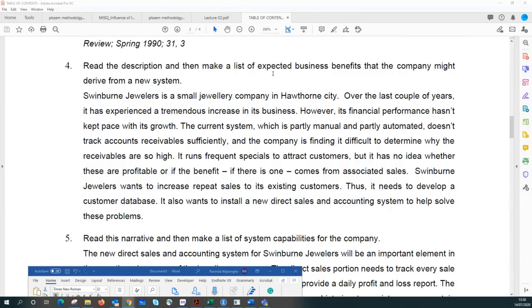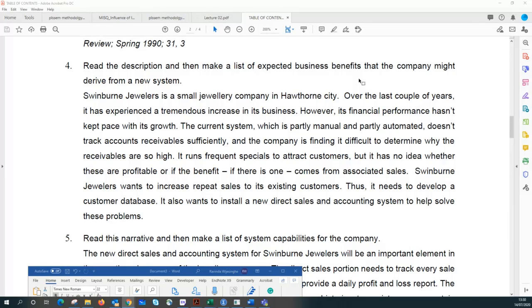Now remember, this is one of the important things that we need to extract for our business case or system vision document. There are two important things in the system vision document: business benefits and business capabilities or system capabilities.